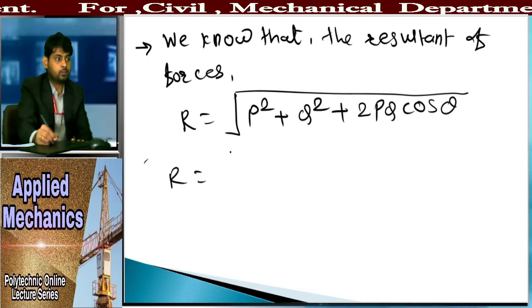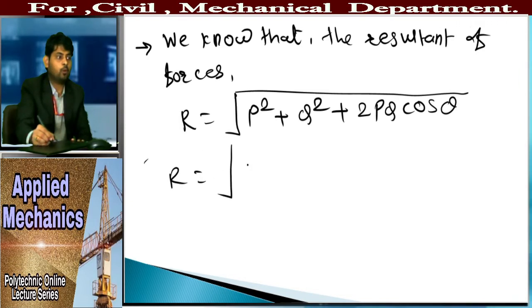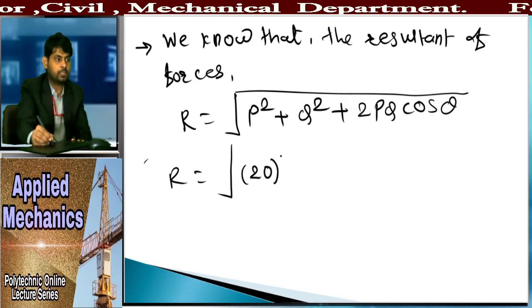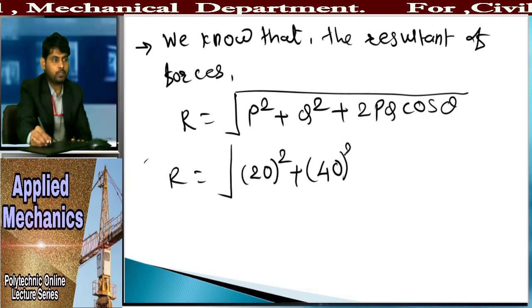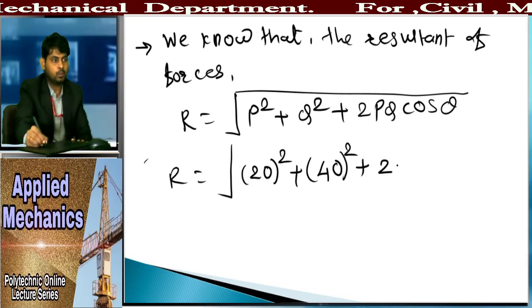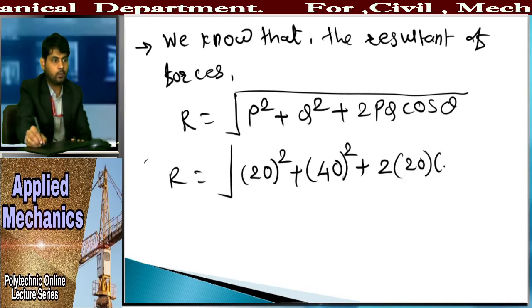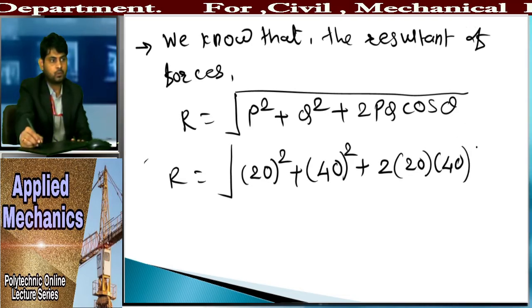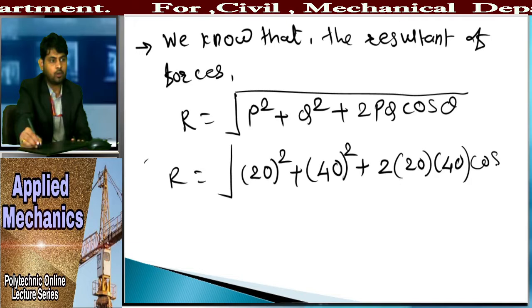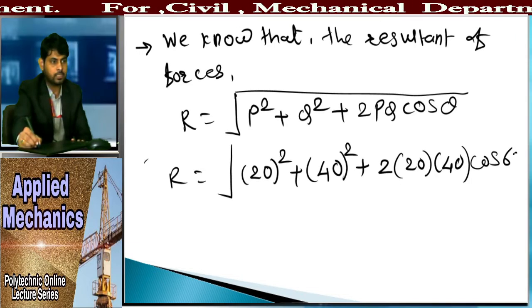R is equal to, we know the value of P, put it in this equation, that is 20 square plus the value of Q, 40 square, plus 2 into 20 into 40 and cos theta. The value of cos theta is cos of the given angle, 60 degree.